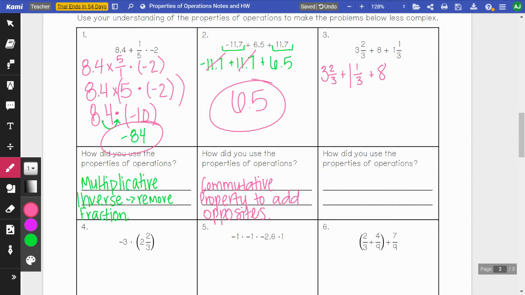So 2/3 plus 1/3 is 3/3, and 3 plus 1 is 4. So I have 4 and 3/3 plus 8. 4 and 3/3 is going to be the same thing as 5, and 5 plus 8 is going to be positive 13. Okay, and again, we used our commutative property.